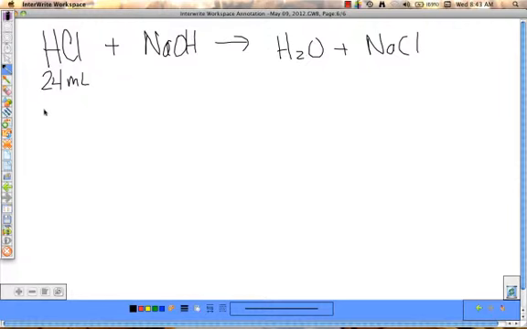What molarity of hydrochloric acid? 0.12. We don't know the molarity of our sodium hydroxide, but it took 13 milliliters.